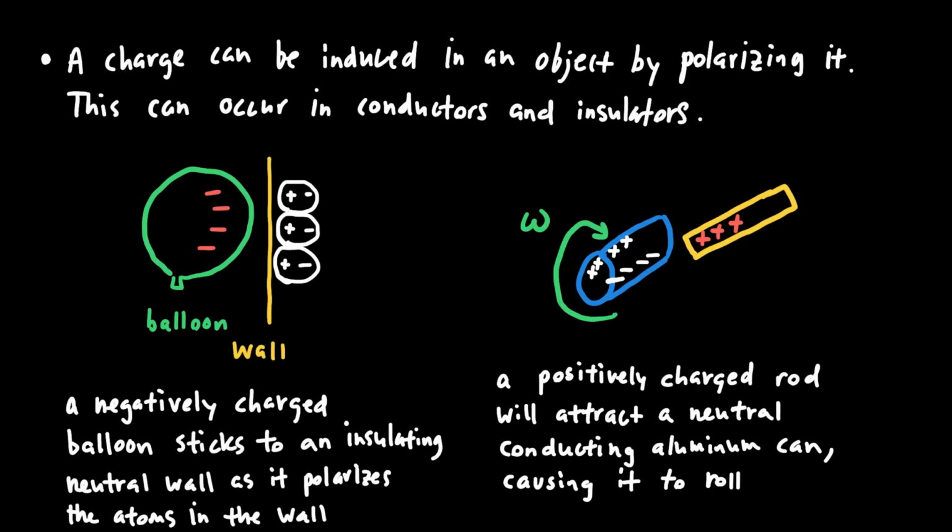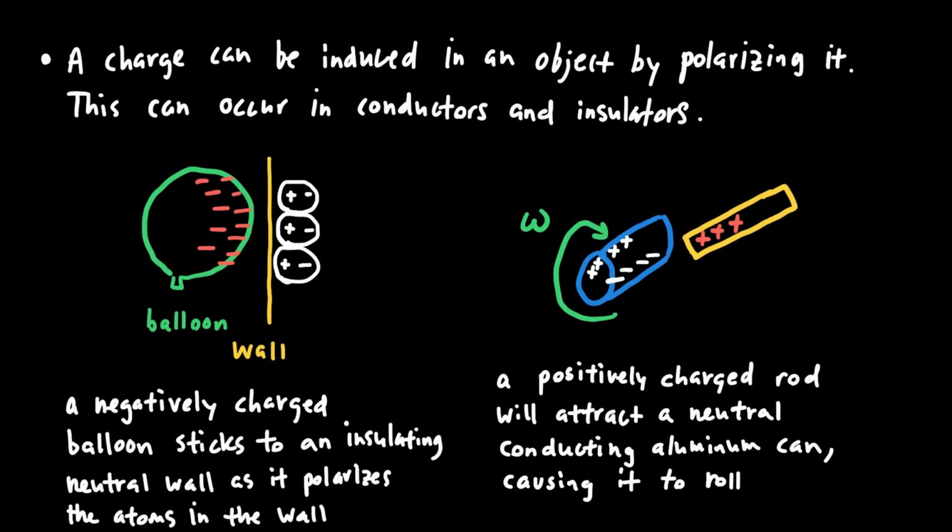First, I'm going to take this balloon on the left-hand side, and I'm going to rub it against something. So I am going to charge the balloon by friction, and maybe in charging it, it acquires a negative charge. So what that means is whatever I rubbed it against acquired a bunch of positive charge because a bunch of the other object's electrons are now attached to the balloon.